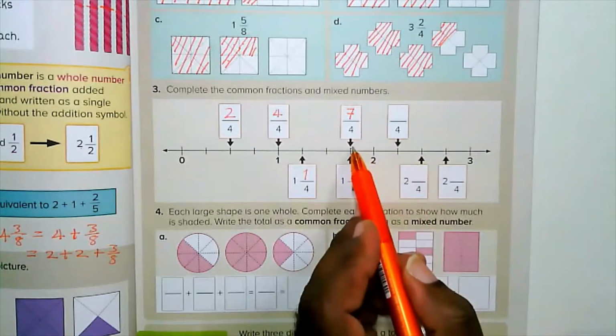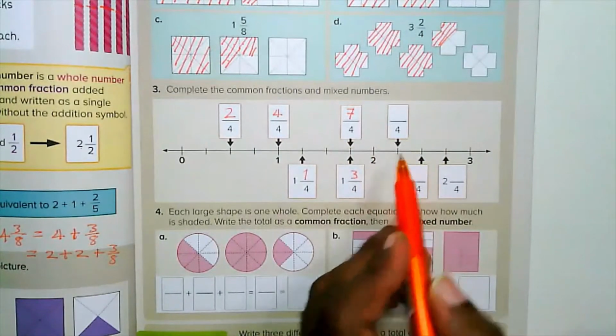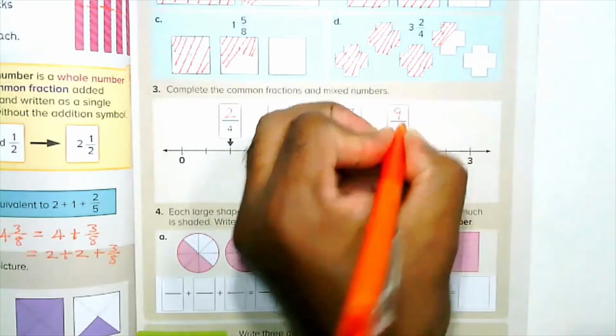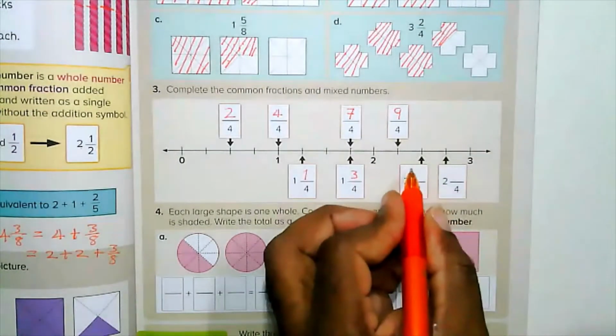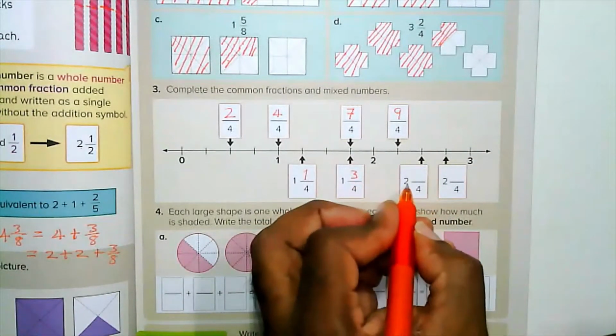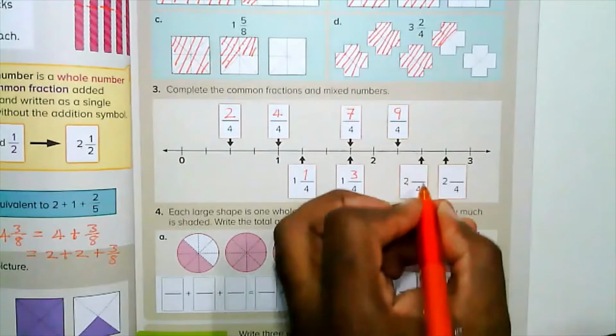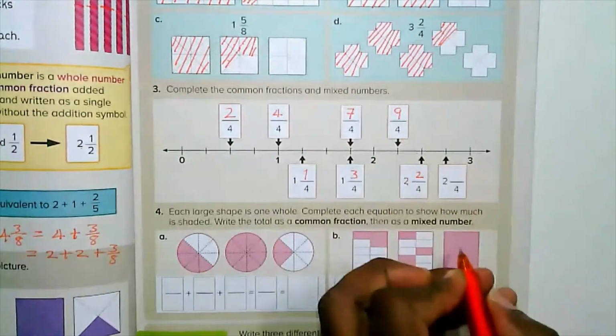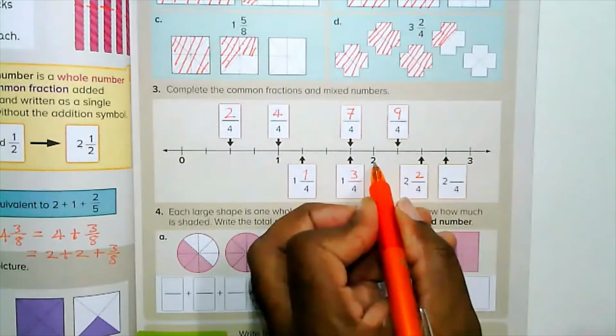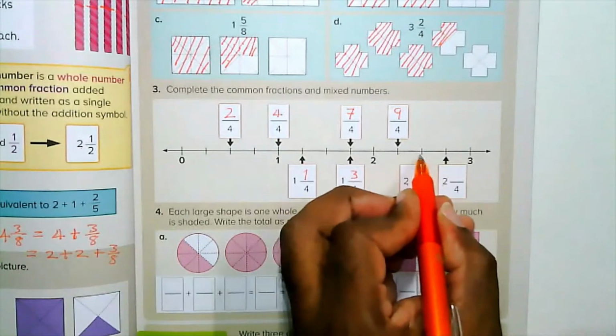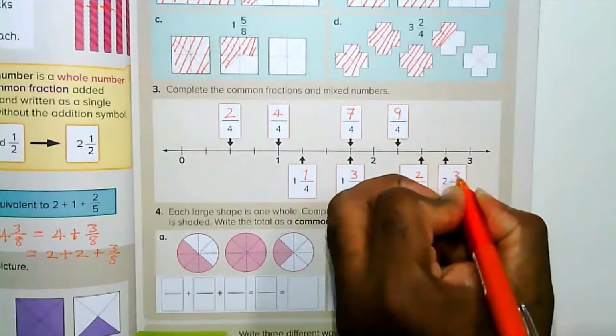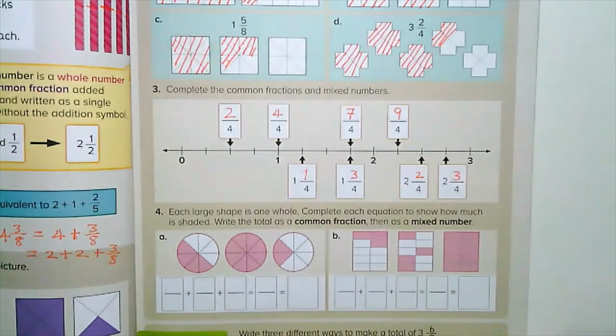So counting on from 7, 8, 9, 9/4. And this can be 2 whole number, and we have 2/4. And here, 2 whole number, then 3/4. So there you have it, guys.